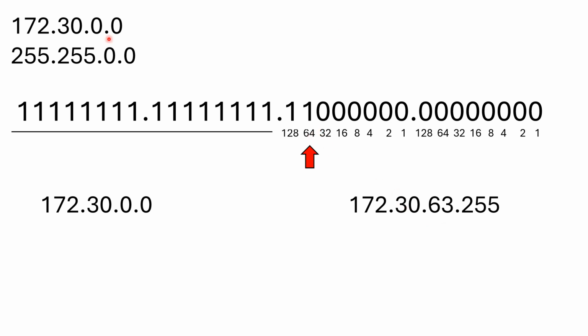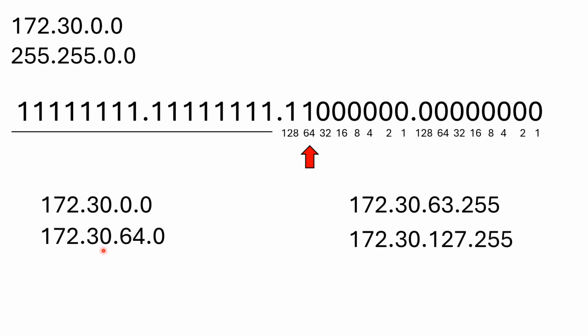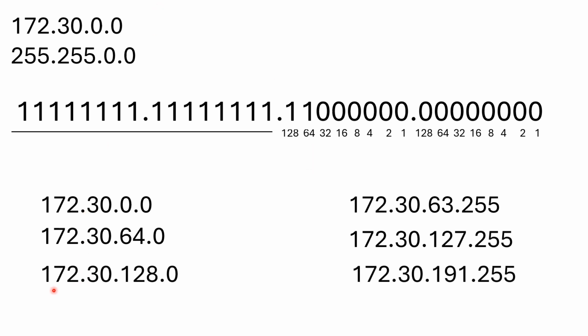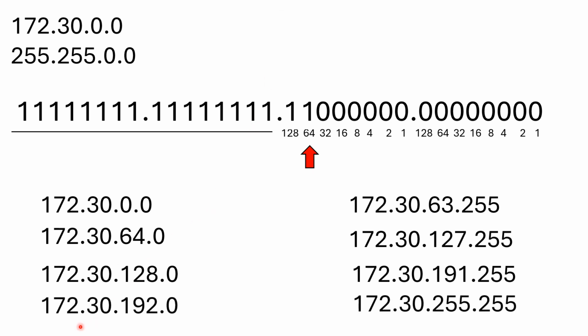Now the second network will be from 172.30.64.0 to 172.30.127.255. The third network will be from 172.30.128.0 to 172.30.191.255. And the fourth network will be from 172.30.192.0 to 172.30.255.255.